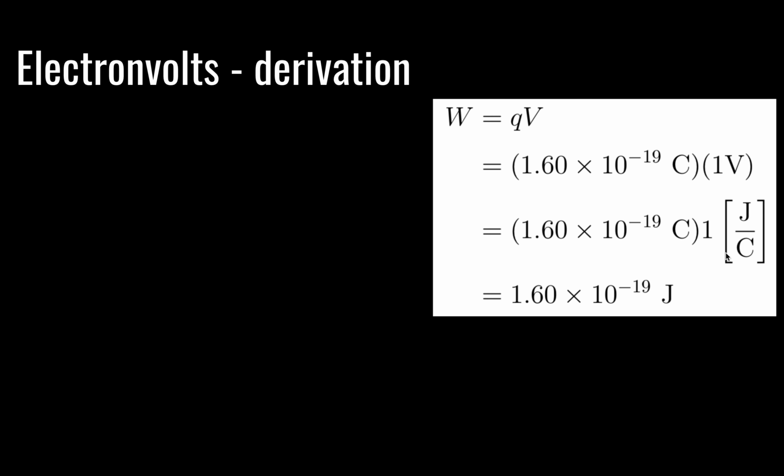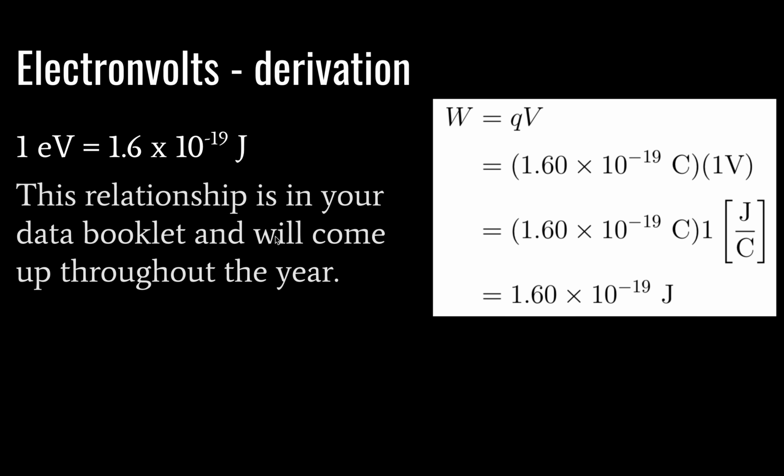Our coulombs cancel out, because remember a volt is equal to a joule divided by a coulomb. So these coulombs cancel out, and we're left with 1.6 times 10 to the negative 19 joules per electron volt. Wow, so convenient. This is exactly the same magnitude as our fundamental charge. Very, very useful.